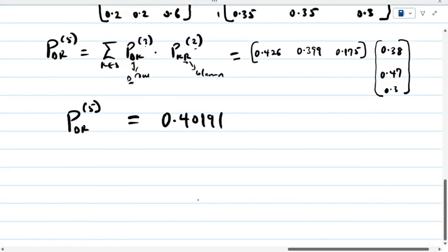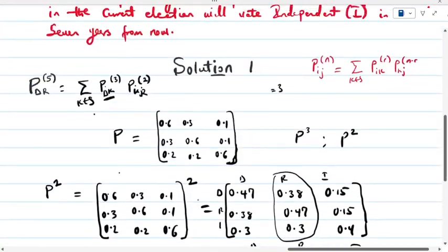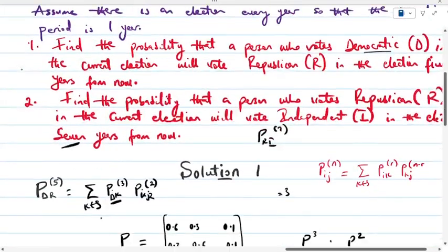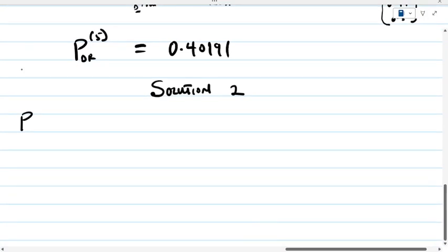So let's check the second example. We have to find the probability of moving from R to I over 7 steps. Solution 2. Probability of moving from R to I over 7 steps.